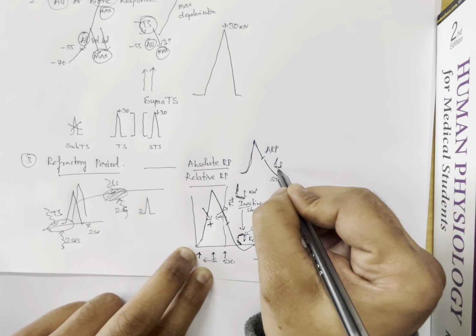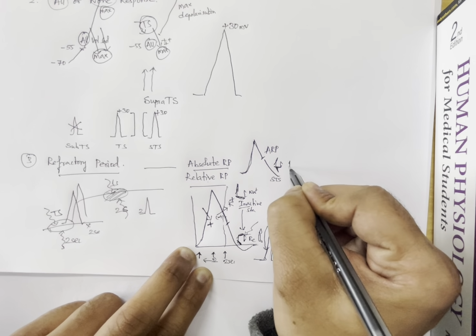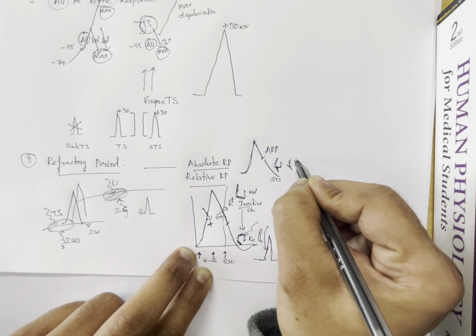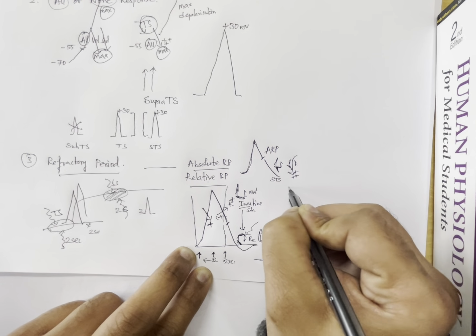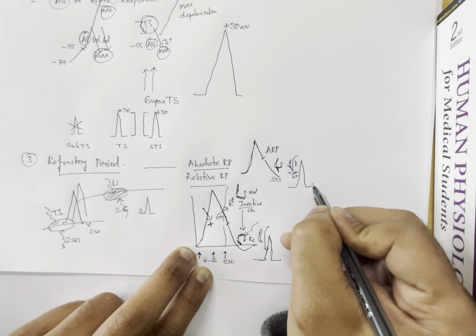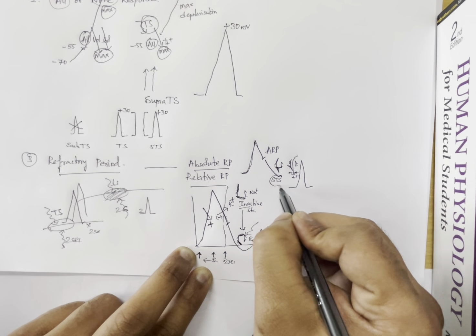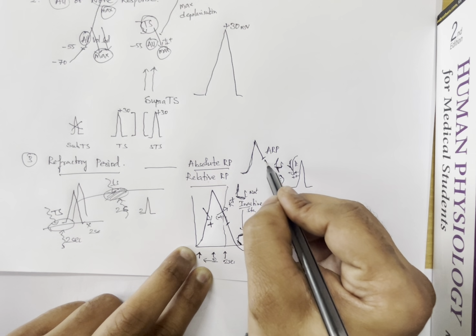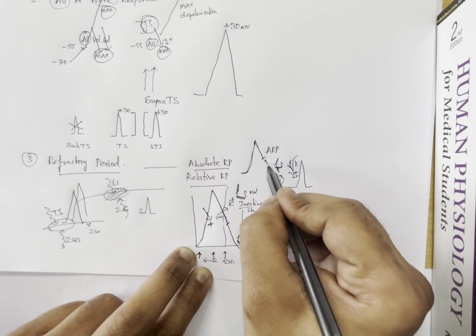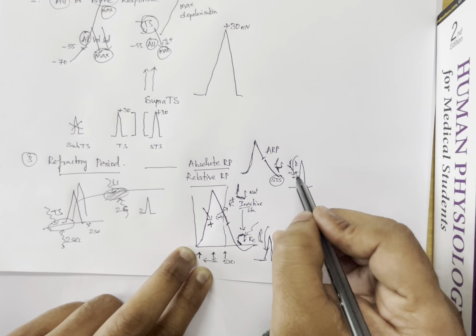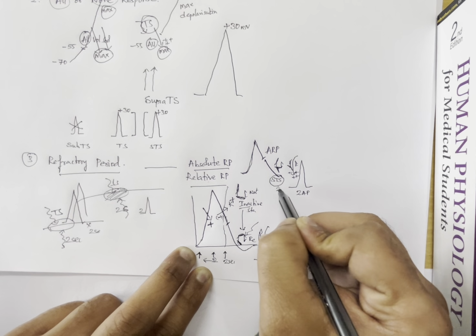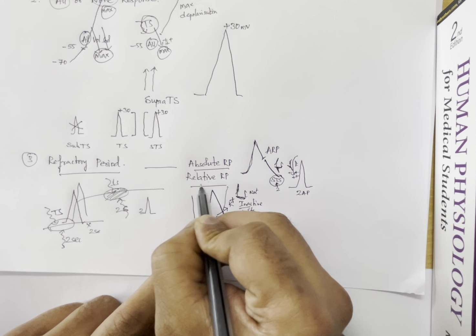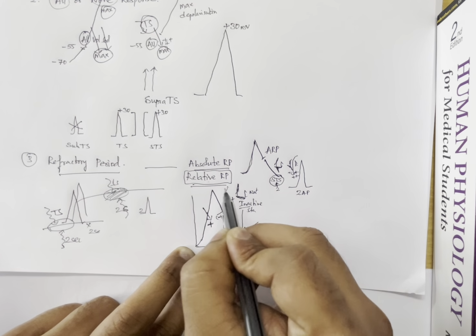This inactive gate can flip open, resulting in flooding of positivity, and an action potential can be generated. So with the supra-threshold stimulus during the later half of the repolarization phase, a second action potential can be generated. This is the relative refractory period.